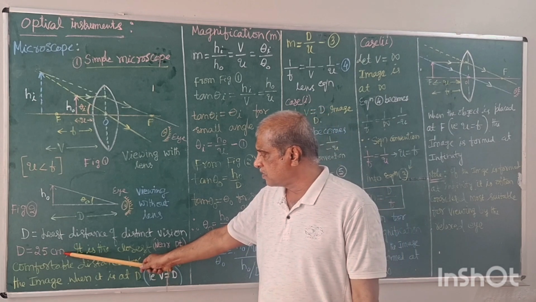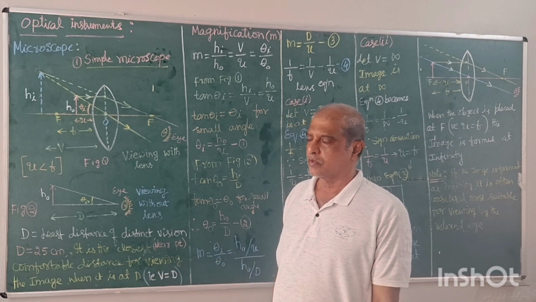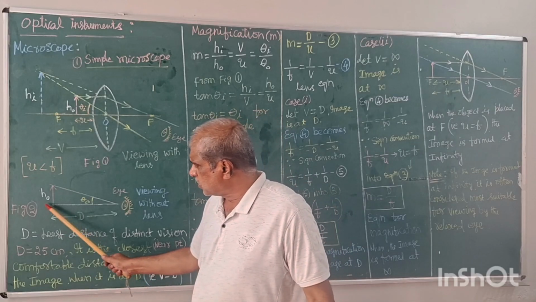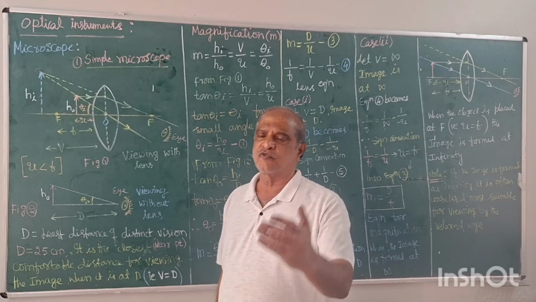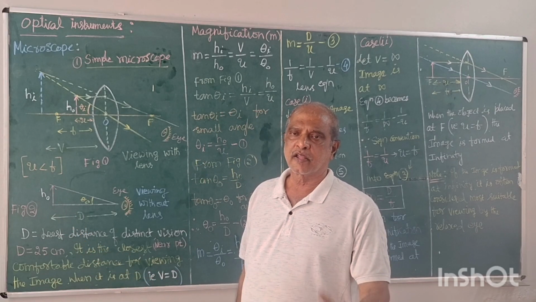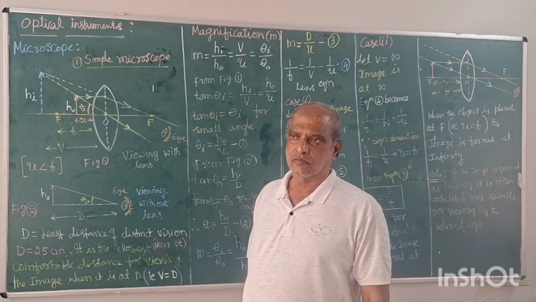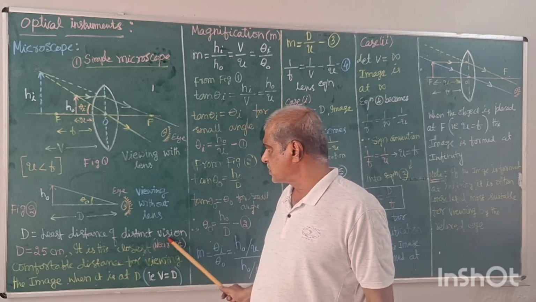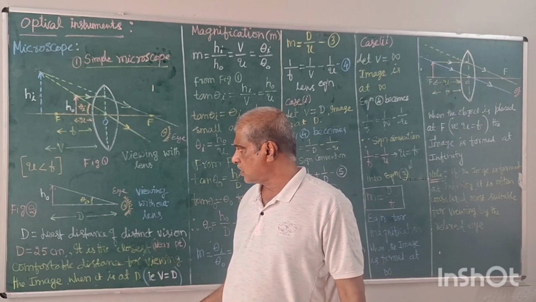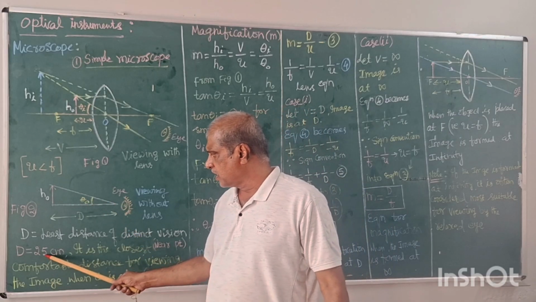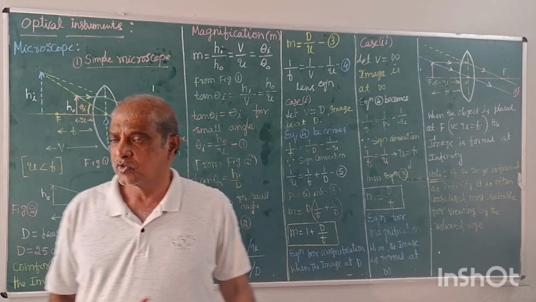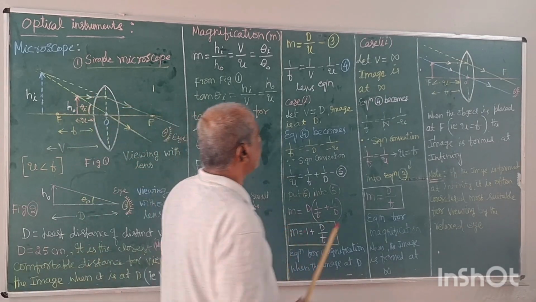So this is the minimum distance at which you can see with clarity. If the distance is more than this, it is even more comfortable and the eye can relax. That is why it is the least distance of distinct vision. It is quite natural. It is always 25 centimeter. This D is taken as a constant value. That is the definition of D.